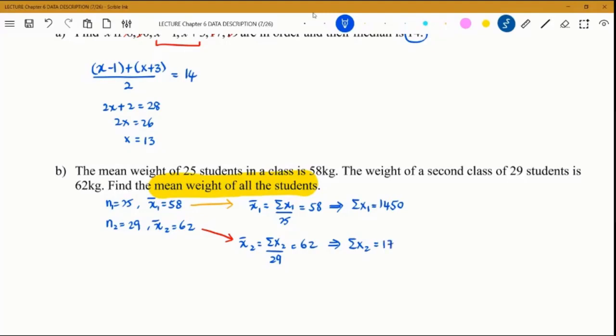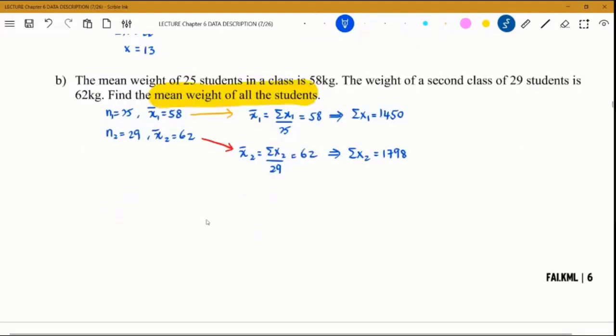$1,798. Okay, thank you. Alright, so for the total mean, we have to add up summation X1 plus summation X2 divided by N1 and N2.